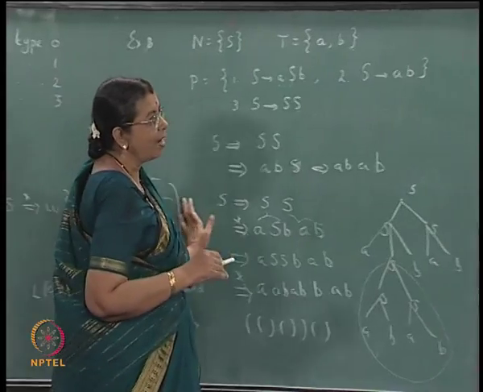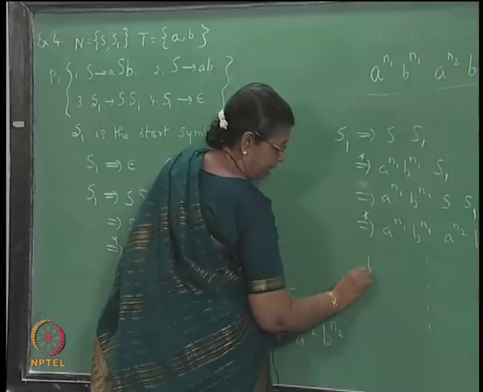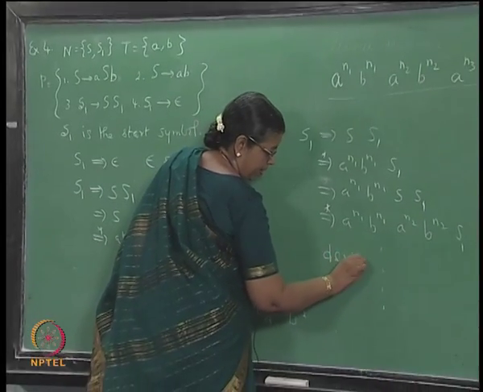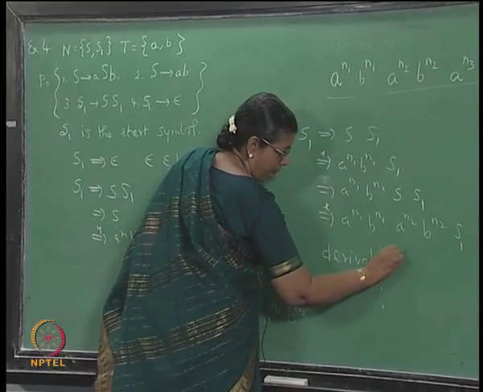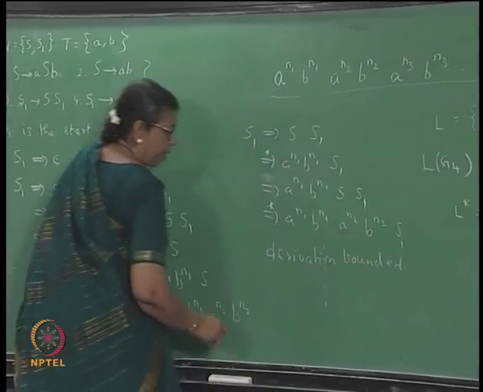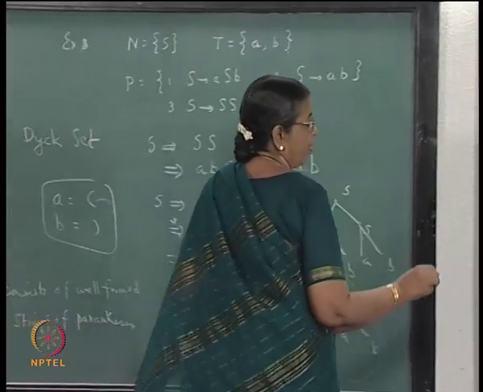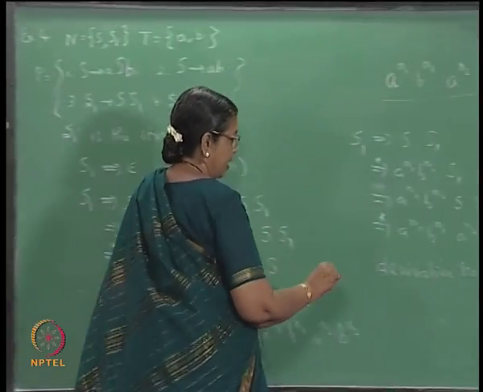So, this sort of a language is called derivation bounded. And this sort of a thing is also called the language of finite index.